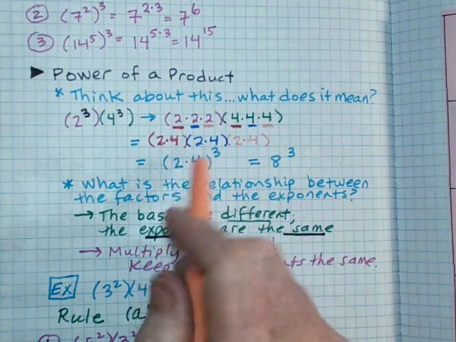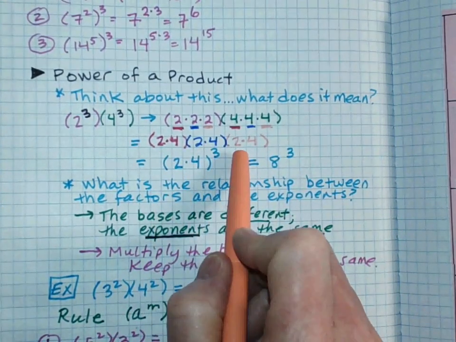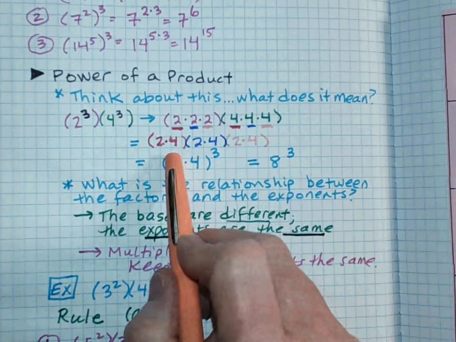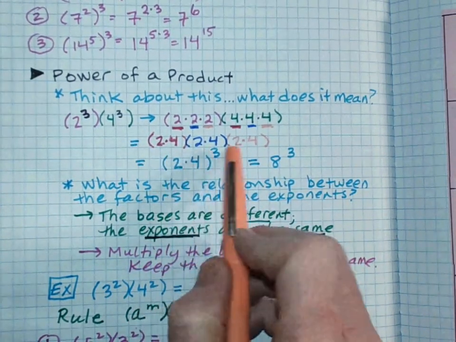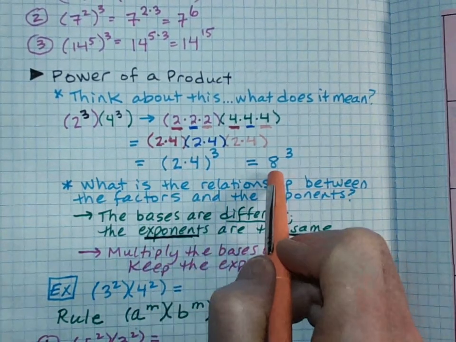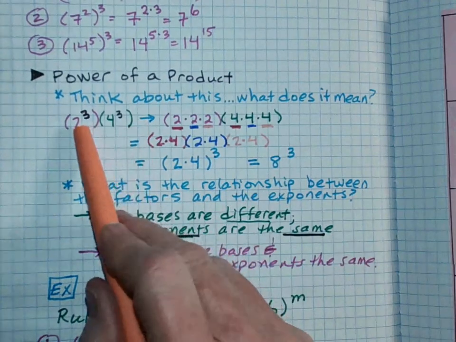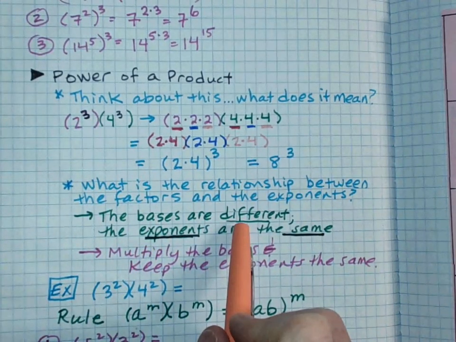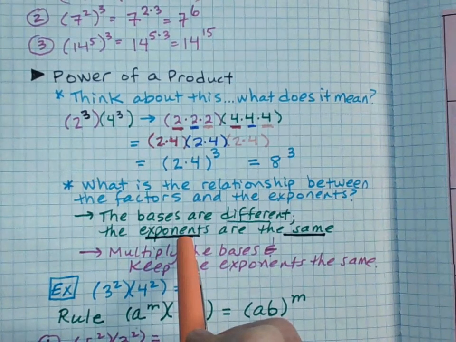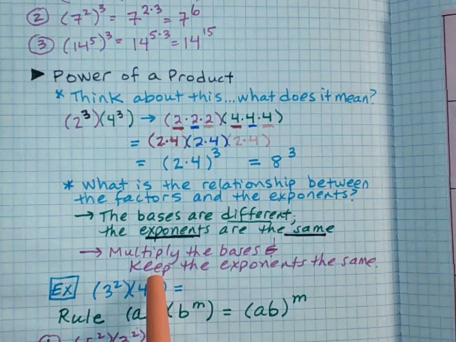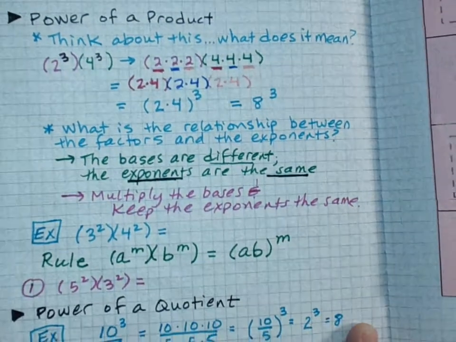And then I'm going to use the associative property, the grouping, to show that I can group these, and group these, and what I end up having is 2 times 4 raised to the 3rd power. I happen to know 2 times 4 is 8. So when you have something that has possibly a different base, but same exponent, it turns out you can multiply the bases while you keep the exponents the same.